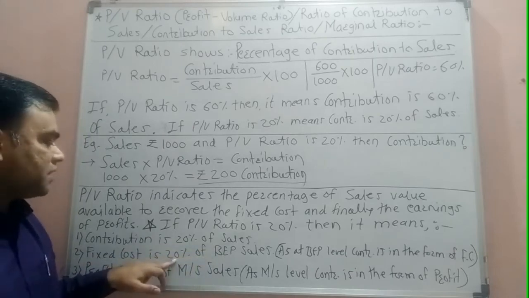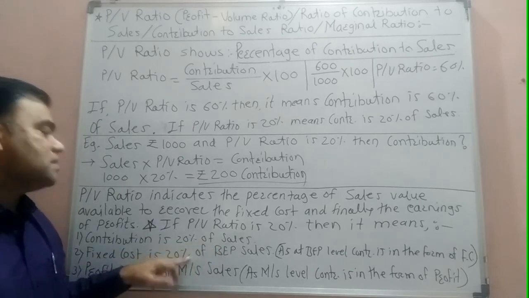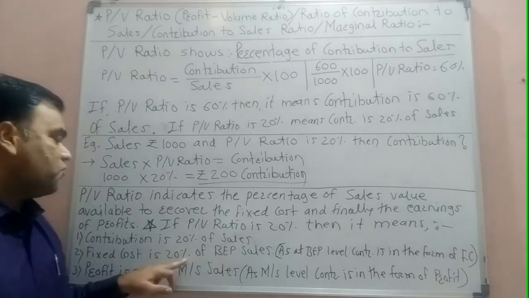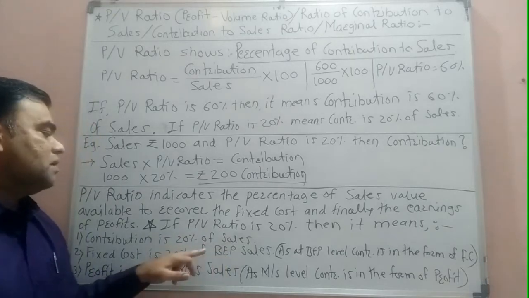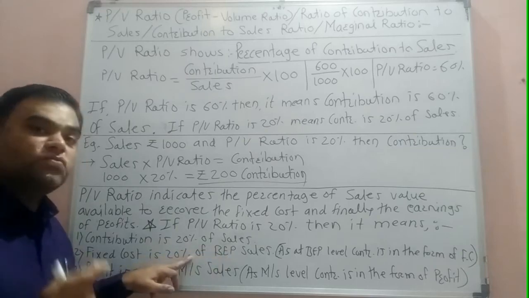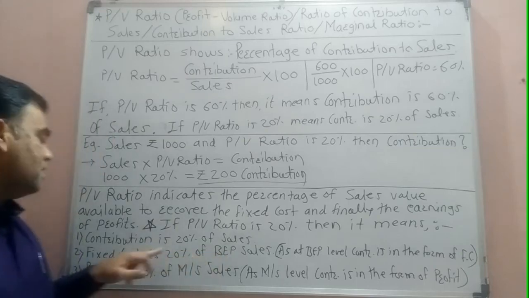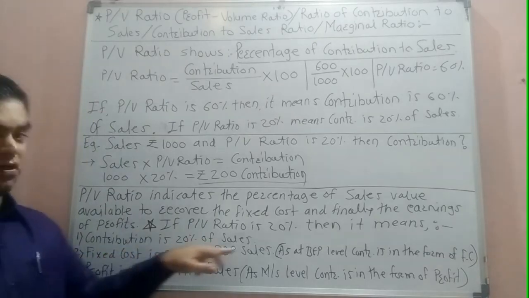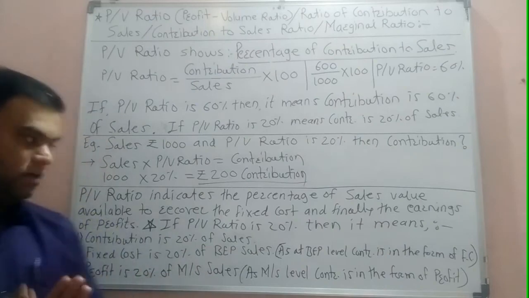And what does PV ratio tell us? PV ratio tells us that contribution is 20% of sales. So if BEP level contribution is 20% of BEP sales, then fixed cost will also be equal to that contribution. That's why fixed cost is also 20% of BEP sales. Why?